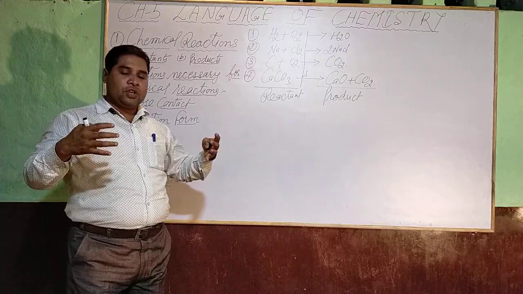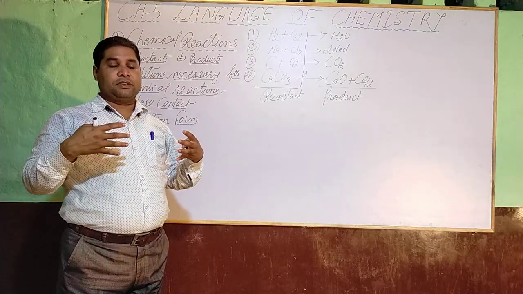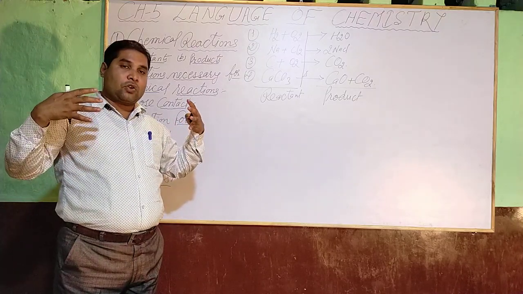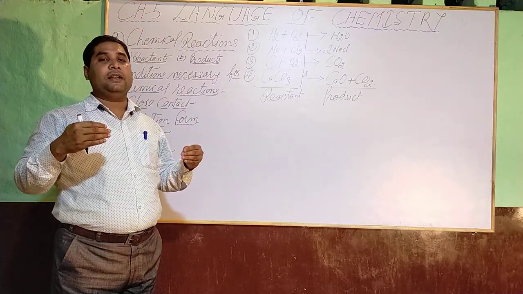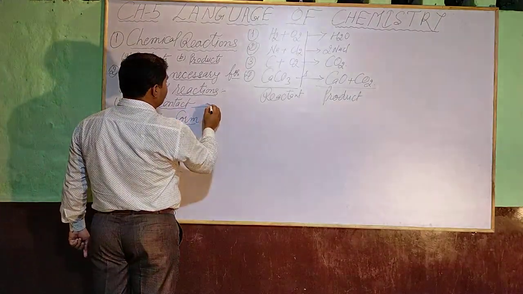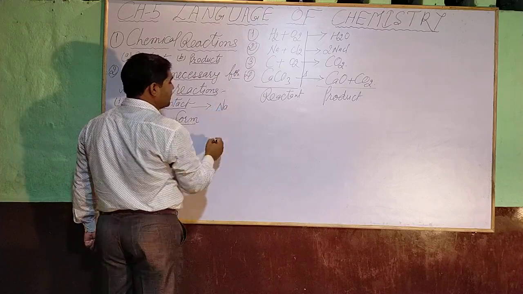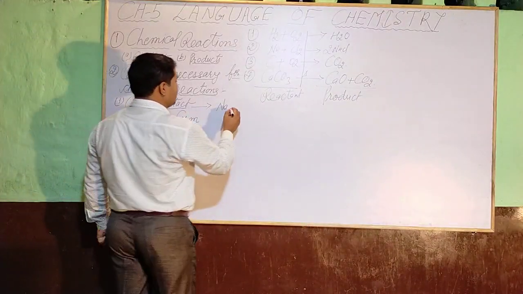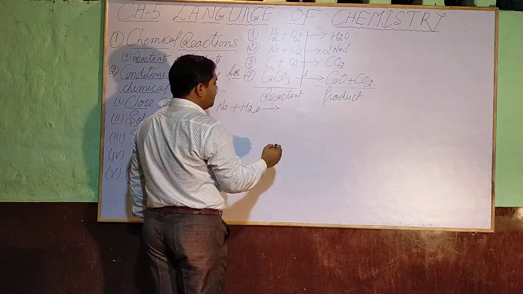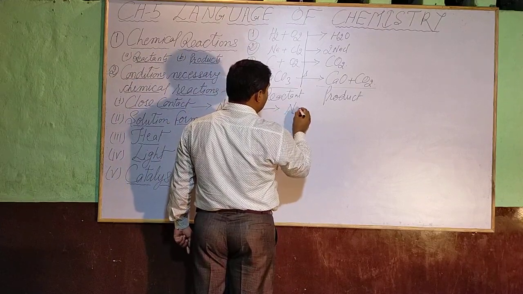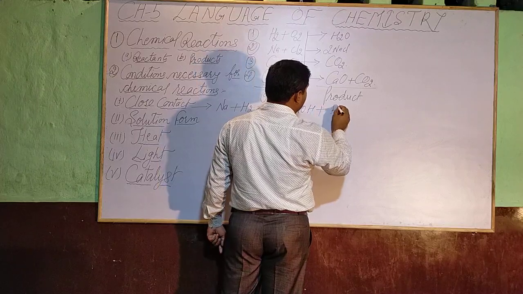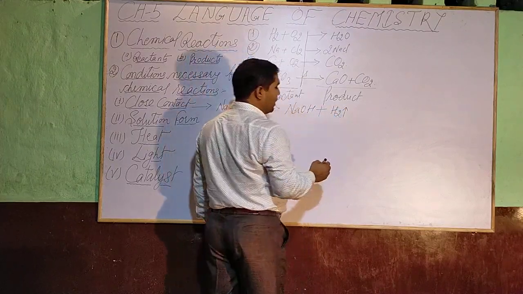Close contact. When two elements come close to each other or have close contact, then only the reaction will take place. For example, when sodium comes in close contact with water, the reaction takes place and there is production of sodium hydroxide plus hydrogen gas.